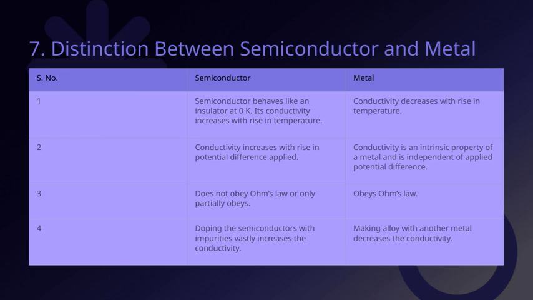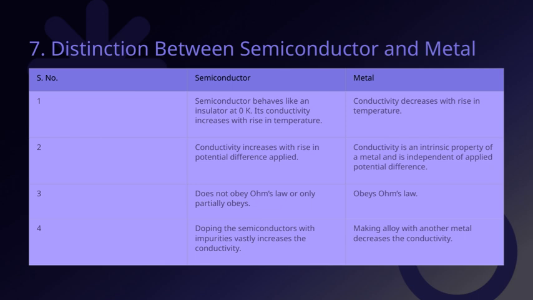Another important point is how these materials obey Ohm's law. Metals generally obey Ohm's law quite well, meaning their current is proportional to the applied voltage. Semiconductors, on the other hand, only partially obey Ohm's law, especially because their conductivity can vary with temperature and doping. Speaking of doping, adding impurities to semiconductors can dramatically increase their conductivity.